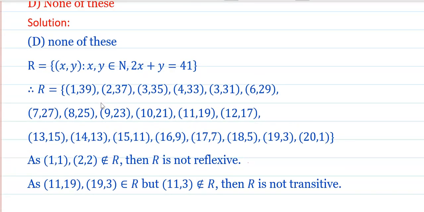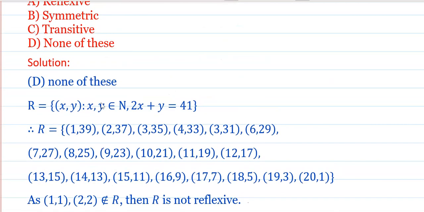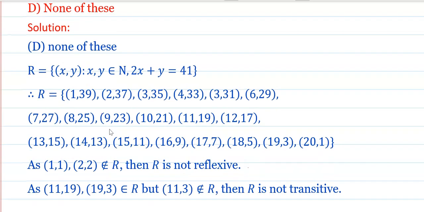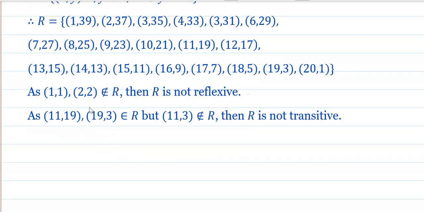Now what about the next, symmetric? It will also not be symmetric. That is xy belongs to the set of natural numbers and to satisfy the same relation, (1,39) belongs to this relation, but (39,1) does not belong to this R, and therefore it is not symmetric.